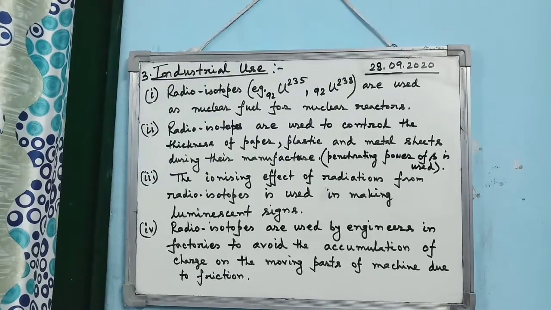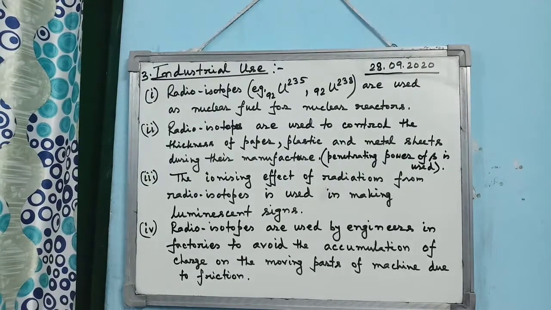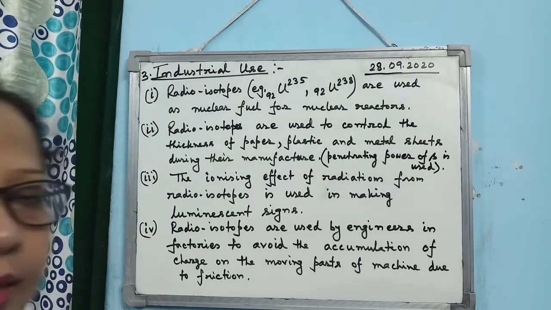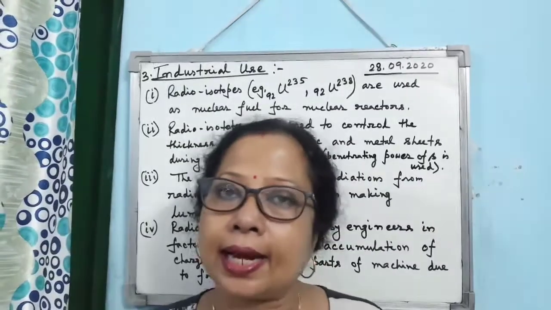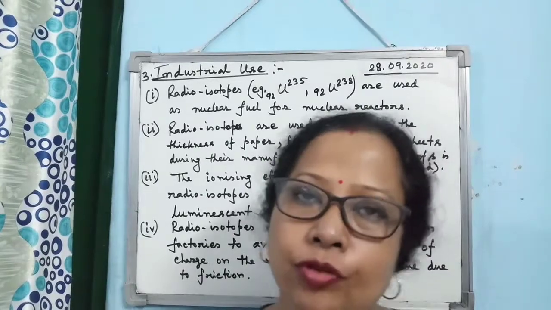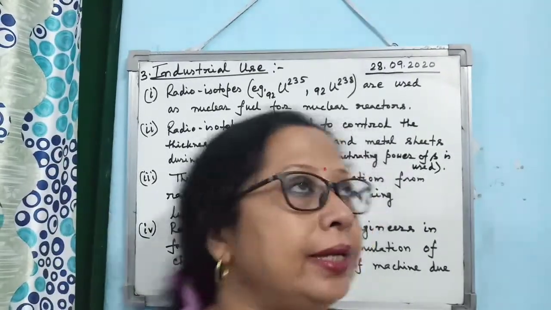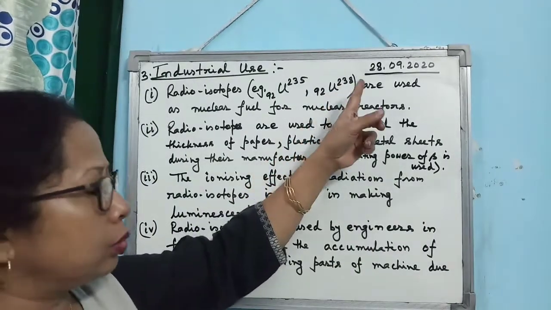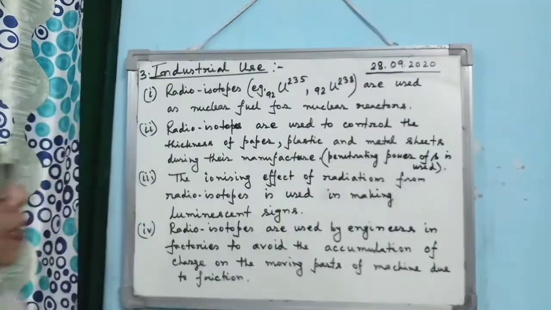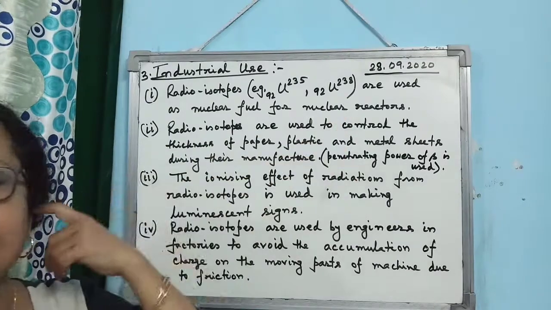Next important use of radioisotopes is industrial use. Already you studied that inside the nuclear reactor we use the uranium rod as the fuel. Sometimes we use plutonium also. So uranium 92-235 and 92-238 are used as nuclear fuel for nuclear reactors.